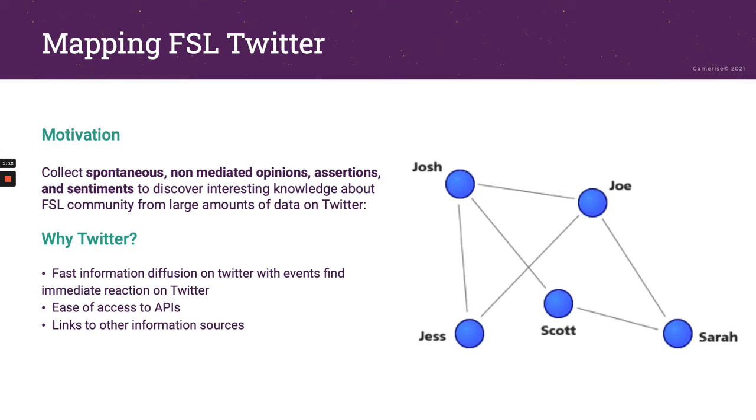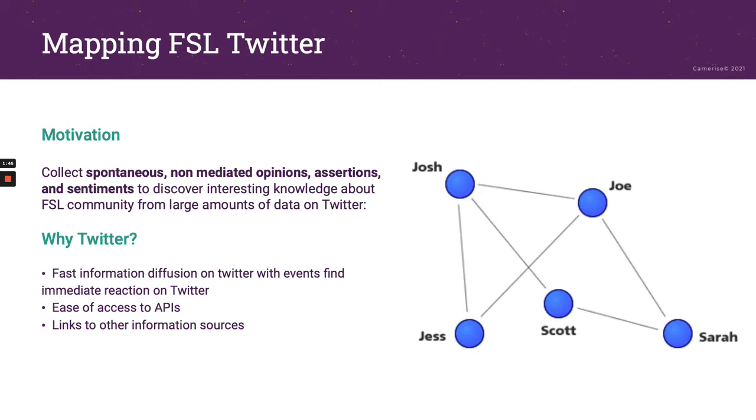Okay, without further ado, let's begin with our motivation for mining and mapping the FSL network. In data mining, we study how to extract interesting and useful knowledge from large amounts of data. And this knowledge is usually hidden patterns behind the data and can often be very useful for informed decision making. With Camrys, the decision to conduct our research on Twitter was primarily motivated by the ability to collect and analyze non-mediated opinions and sentiments that would not be accessible in more traditional approaches otherwise.